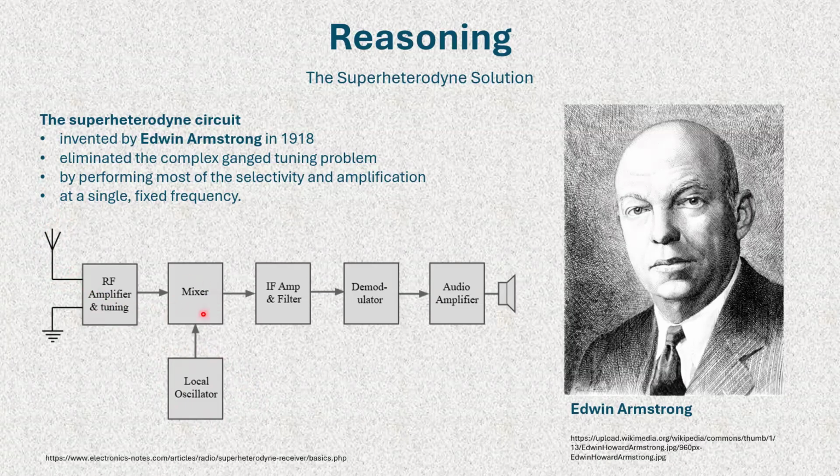Then we hit something mysteriously called a mixer, and then another mysteriously named IF amp, intermediate frequency amp. And then we have the demodulator and audio amplification to strengthen the signal that we have demodulated.